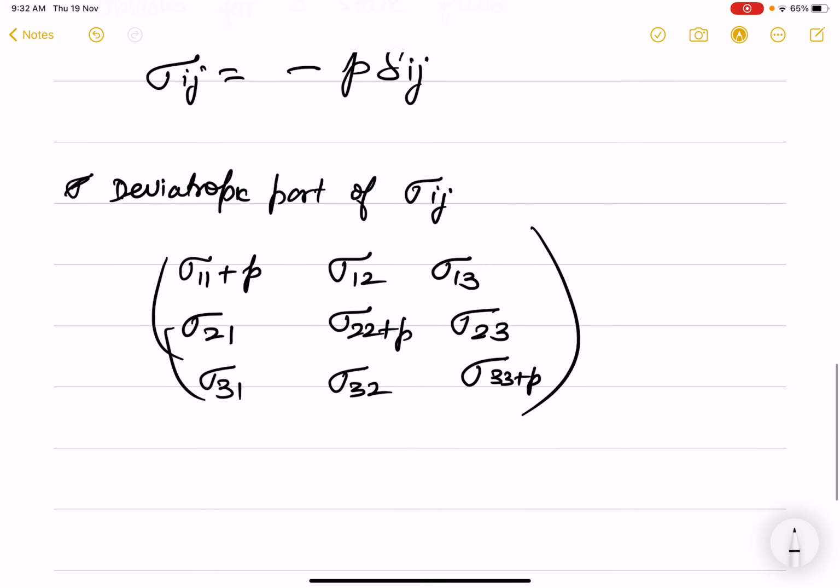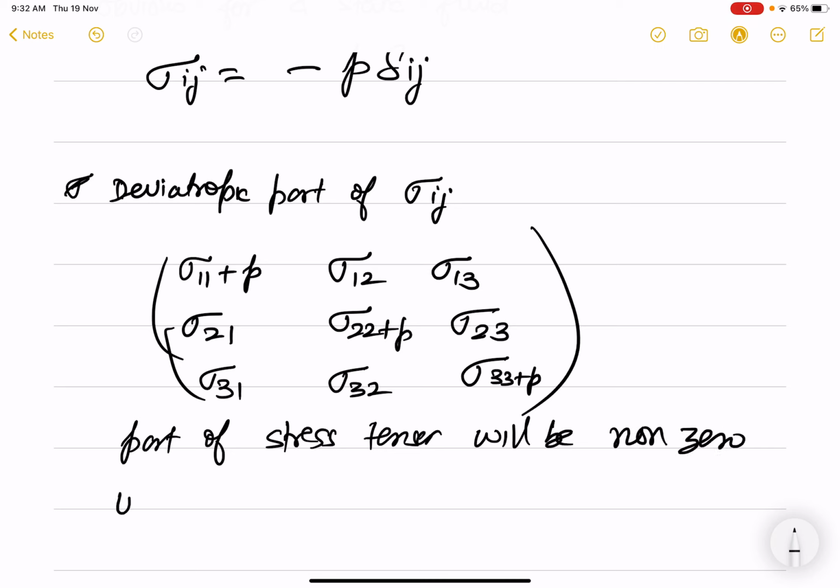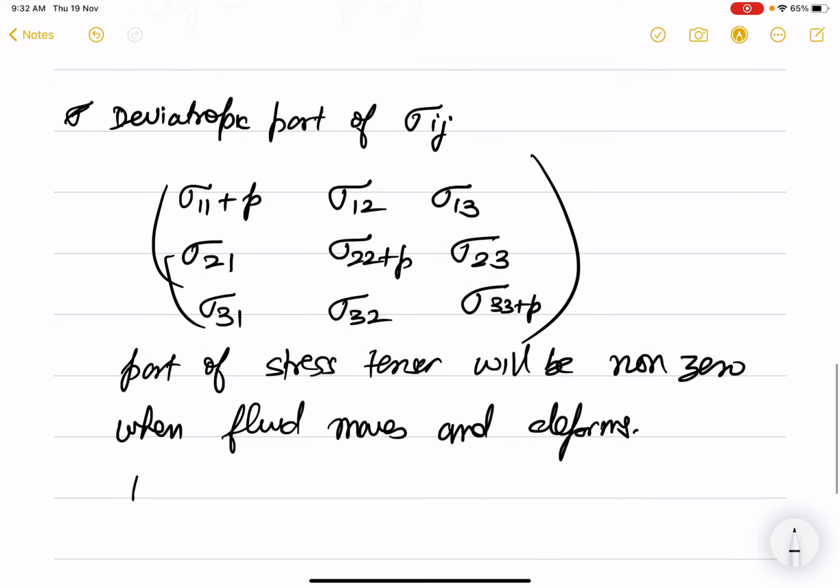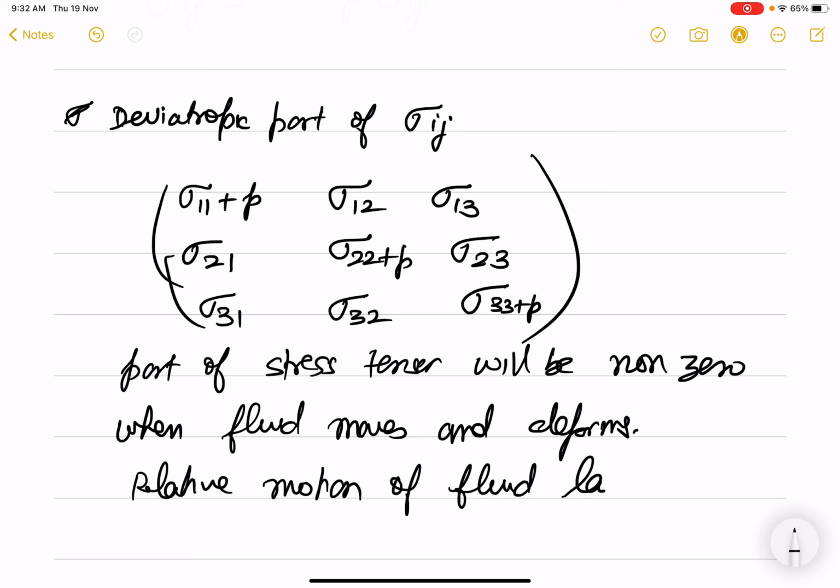This part of the stress tensor will be non-zero when the fluid moves and deforms. That means there is relative motion of fluid layers above one another.